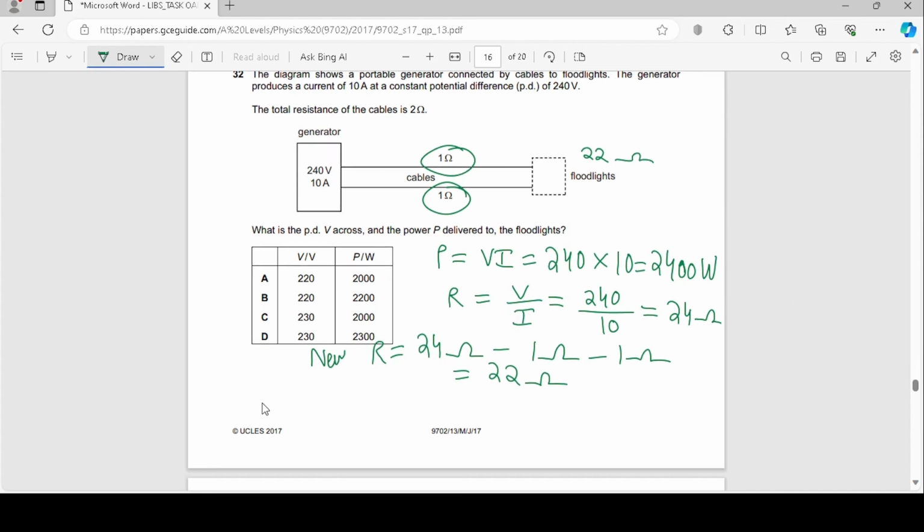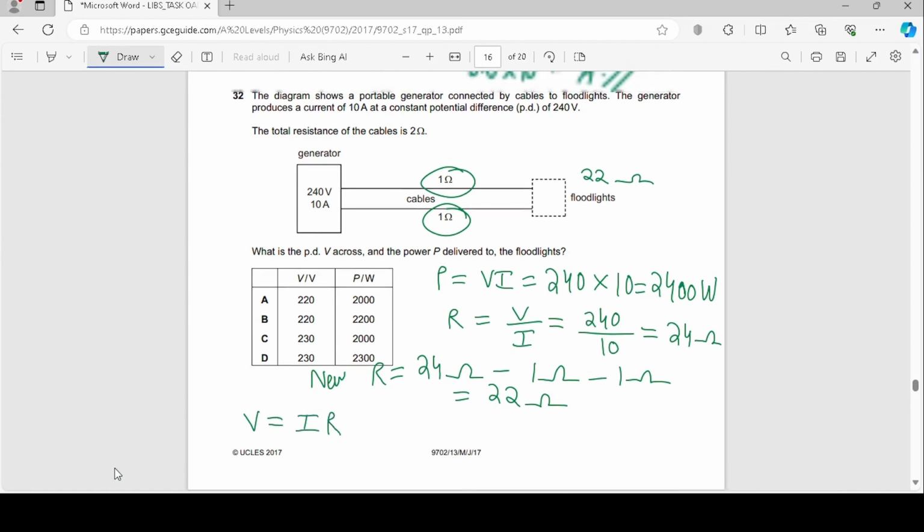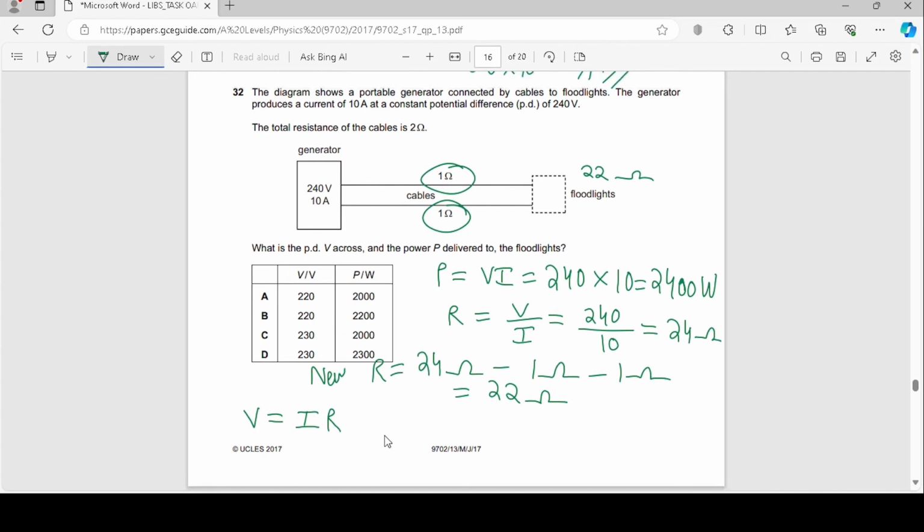Your new voltage would then be simply IR, which is 10 multiplied by 22, so 220 volts. So you've had a voltage drop of 20 volts, from 240 to 220. So our answers are going to be A or B.